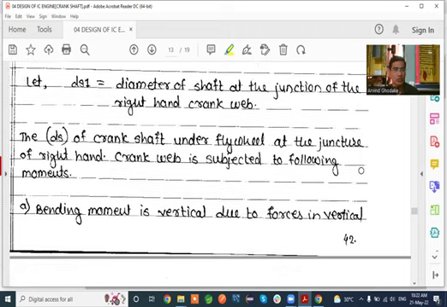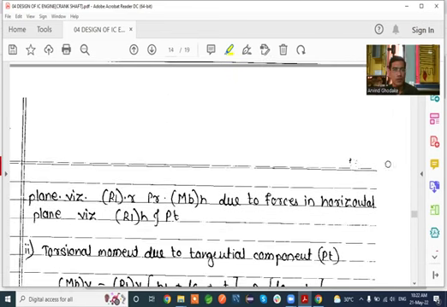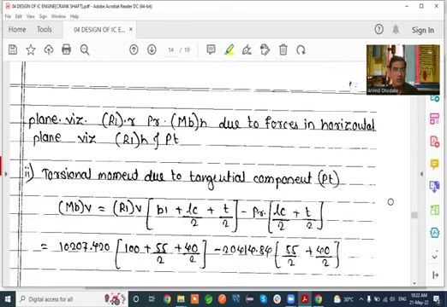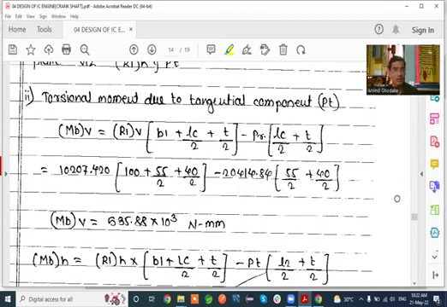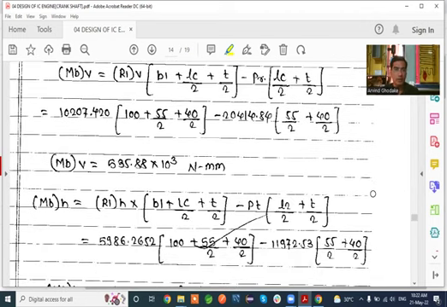First, the bending moment in the vertical plane due to the forces R1V and PR into MBH, and due to forces in horizontal direction R1H and PT. Then the bending moment in vertical direction is MBV, calculated as 535.88 into 10 raised to 3 Newton mm.